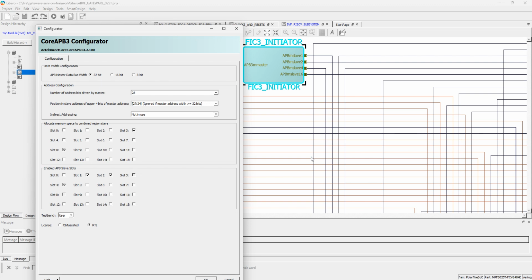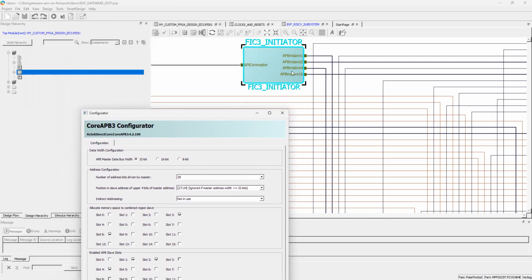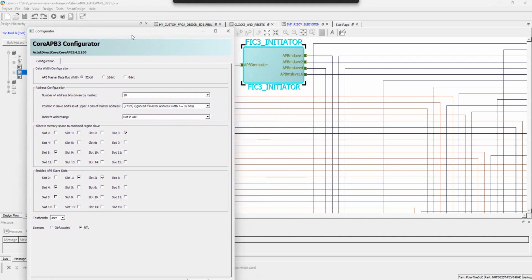So 41, and then usually the lower bits are decoded, however we put in our decode logic down there. Yeah, so that's kind of how you can piece together what the address range is. So anywhere from 41XXXXXX up to 42XXXXXX minus 1 would be the range for our cape.